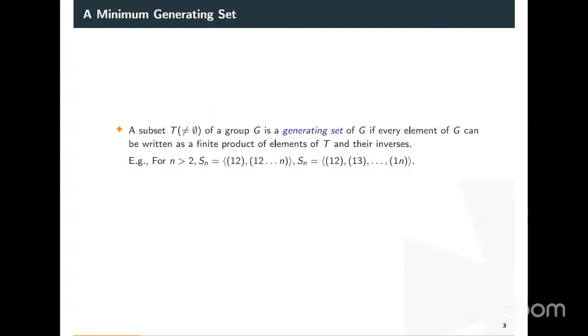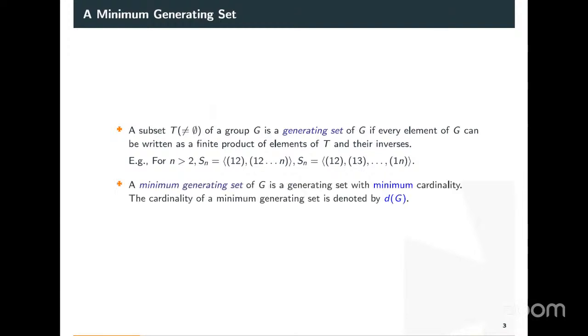For example, for Sn we have a generating set of size n-1 and also of size 2. A minimum generating set is a generating set whose cardinality is minimum, and that cardinality is denoted by d(G). So for example, d(Sn) is 2.